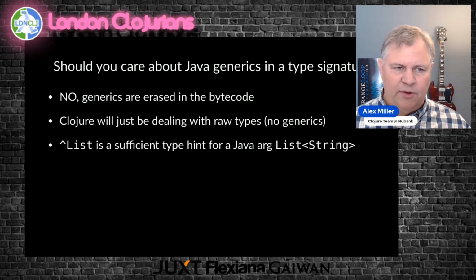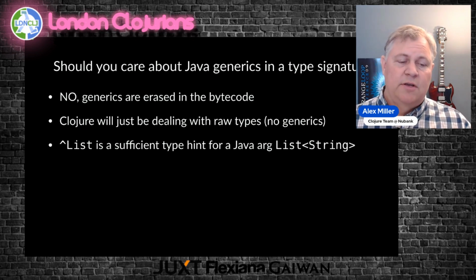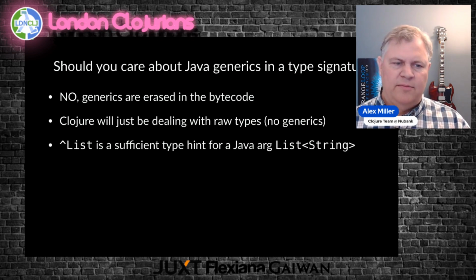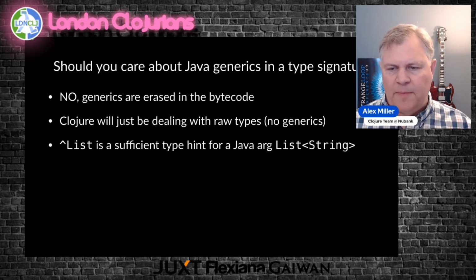Because Clojure is meeting the JVM and Java at the bytecode, it's just going to be dealing with the raw types, no generics. So if you have, for example, a Java method that takes a list of string, just List is a sufficient type in Clojure code for that.